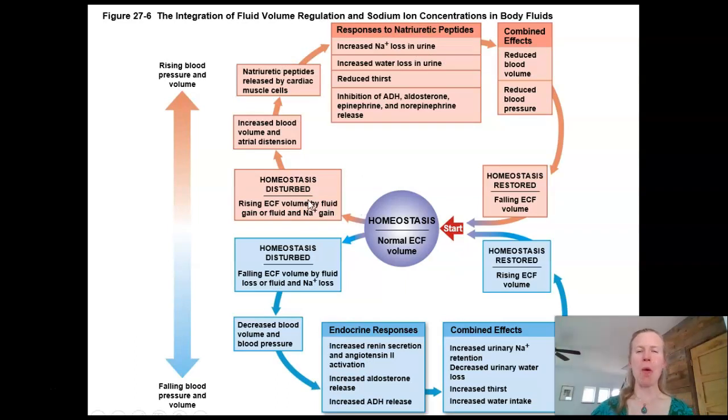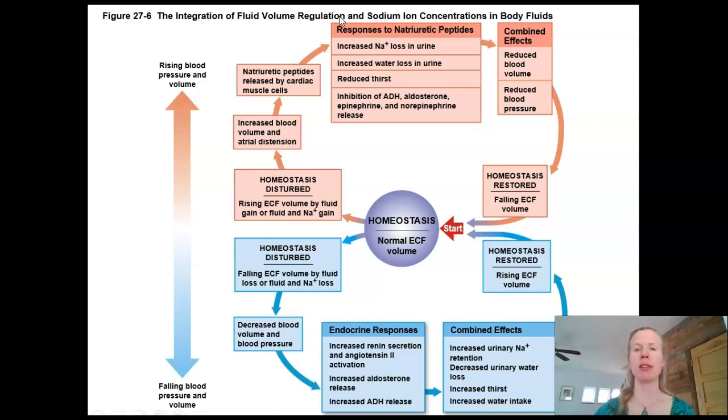When we look at what happens as far as fluid volume goes, it's related to the electrolytes again, right? So if we have an increased volume, so our blood pressure is, say, getting too high, fluid gain, often this is related to sodium gain, right? So as the blood volume and the blood pressure increases, that's going to cause us to release some of these natriuretic peptides as the heart gets overstretched, right?